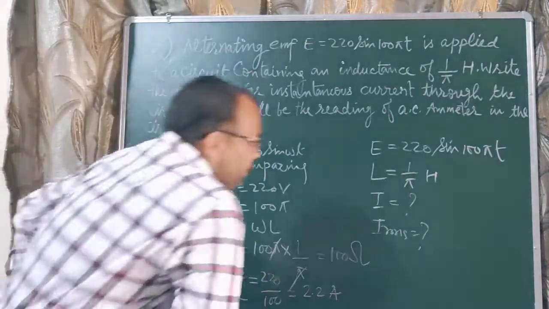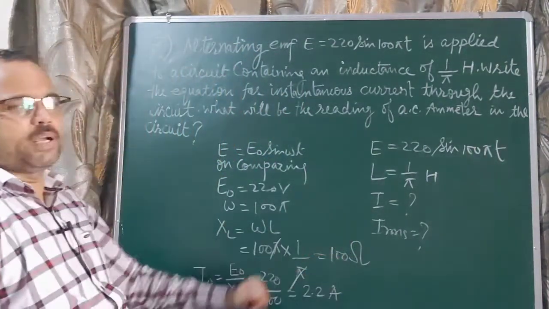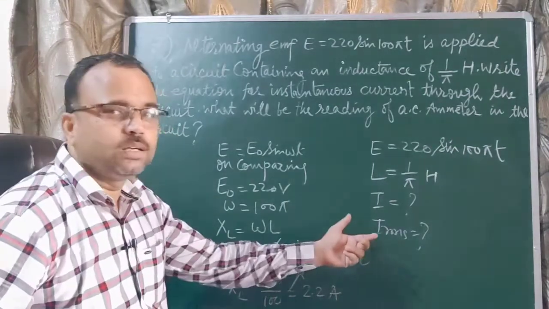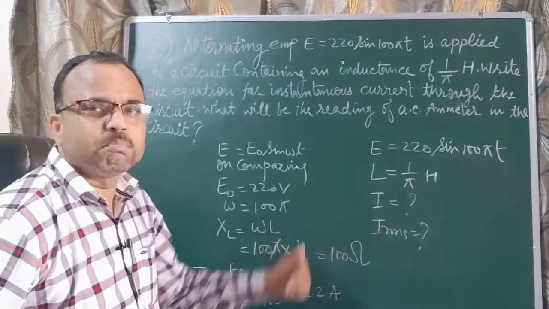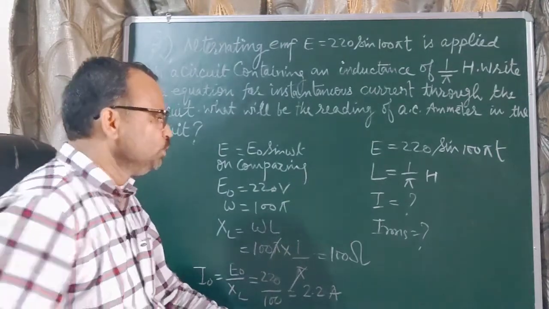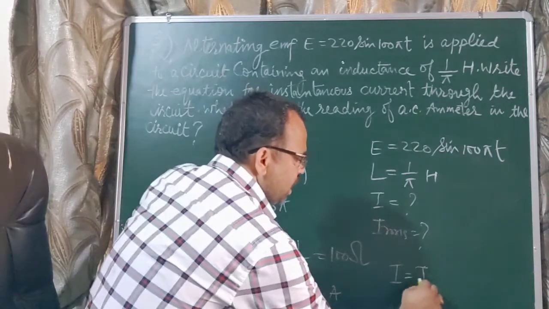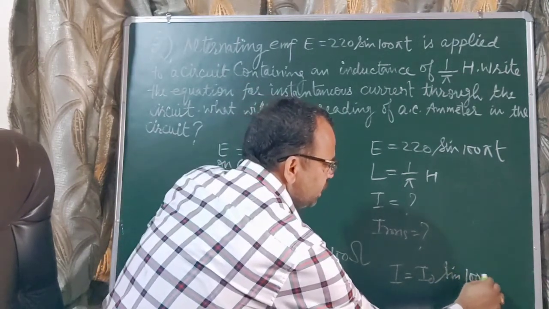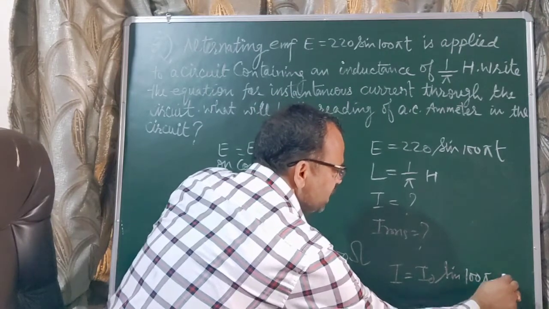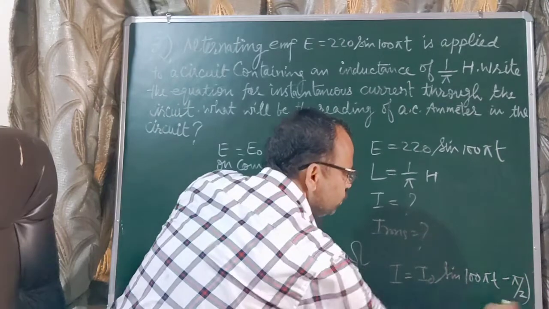After that we can write the equation of instantaneous current. In case of an inductor, current always lags behind the EMF by phase angle pi by 2. So instantaneous current I is equal to I naught sin of 100 pi t minus pi by 2.